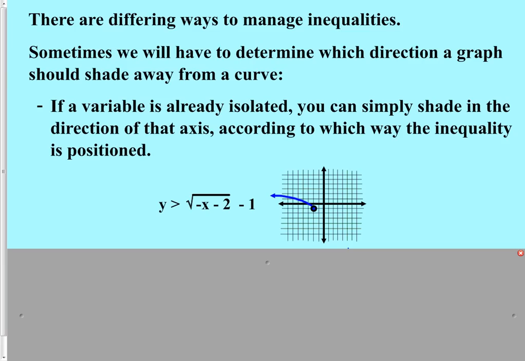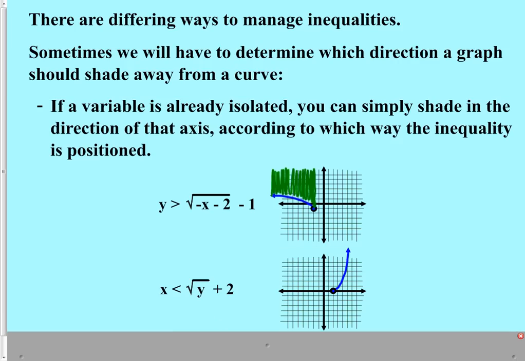If y is greater than this graph, where do you find the values of y that are larger than this graph? Obviously, they are above it. So you would shade above, but you would not extend out past the vertex. If the equation itself cannot extend past negative 2, then neither can your shading. But there it is, really very simple, reading it straight out of the equation.